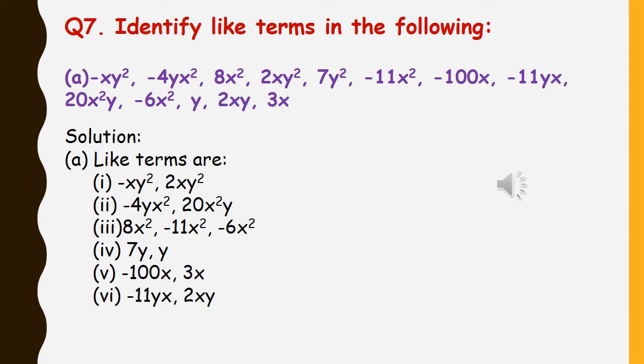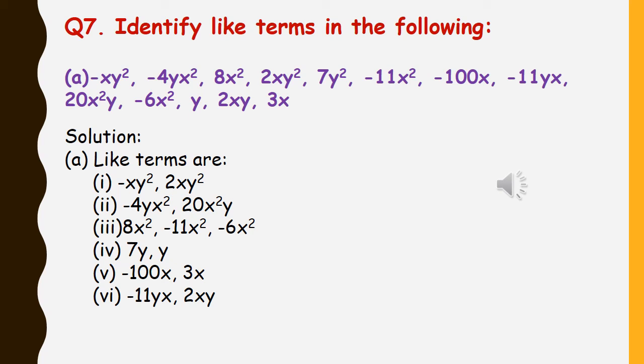Question number 7, we have to identify like terms in the following given expressions. The like terms are minus xy square and 2xy square. In both the cases, the variables are same. Part 2, minus 4yx square and 20x square y. Here, yx square and x square y are same. Part 3, x square, 8 into x square, minus 11 x square and minus 6x square.